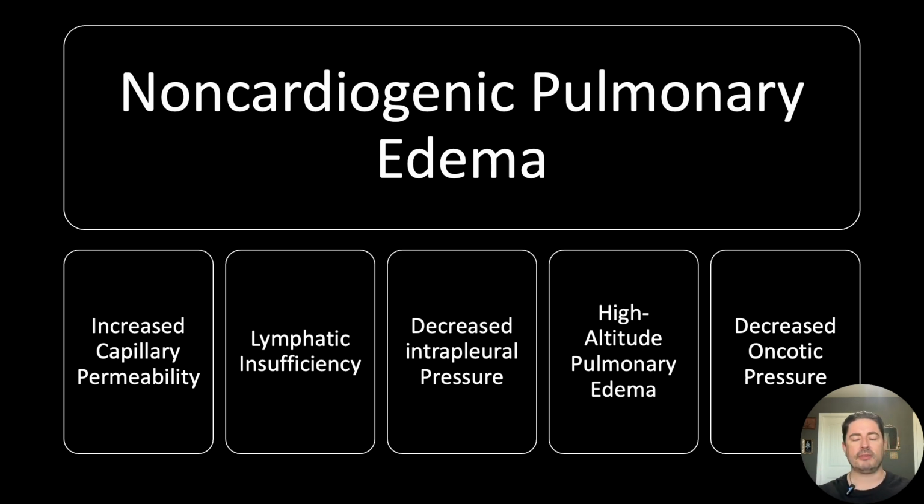So when we have an increase in permeability, we're allowing more fluids or elements to move in and out without regulation. These stem from some sort of infection or inflammatory or other processes.